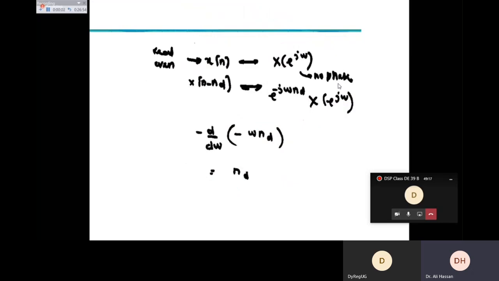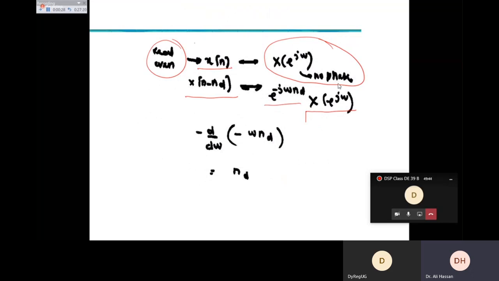So always your x of n should be real and even, so that you have the Fourier transform real and even. Then you delay it by a factor of nd or alpha, so you get this real and even, and this appears as an exponential minus j omega nd. nd is the delay.